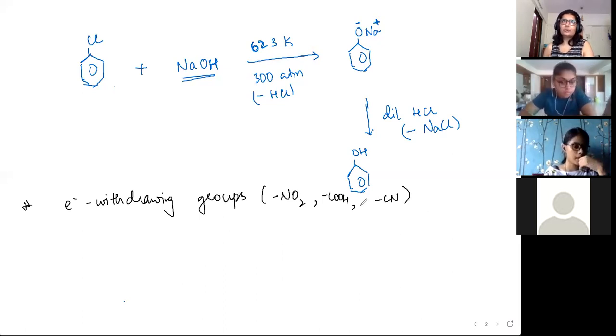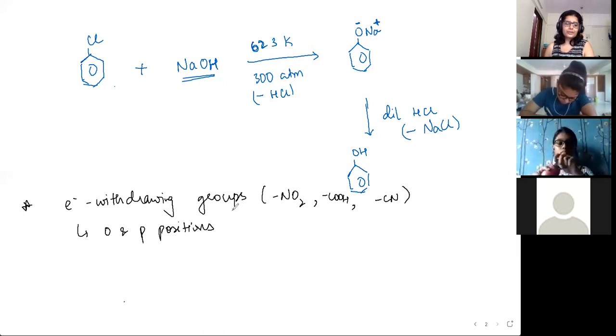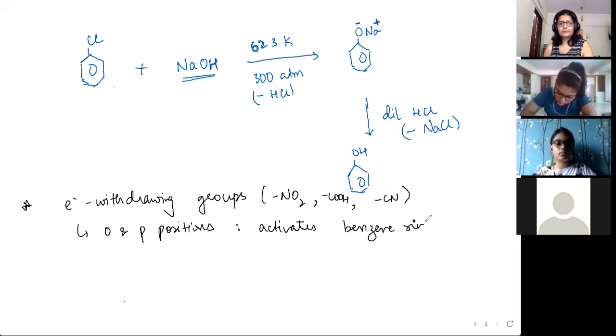Carbonyl, like C double bond O, is also electron withdrawing. But in benzene, this particular structure, these are a few possibilities you may have. So the presence of these, in case these are present at ortho and para positions, basically activates the benzene ring, because these also get involved in the delocalization.